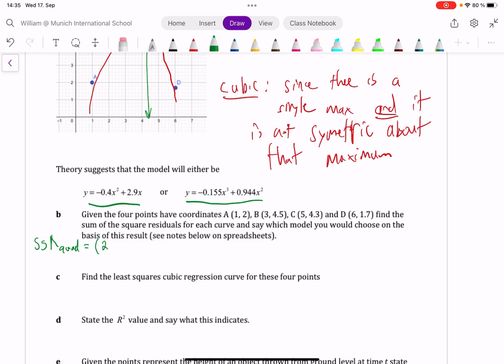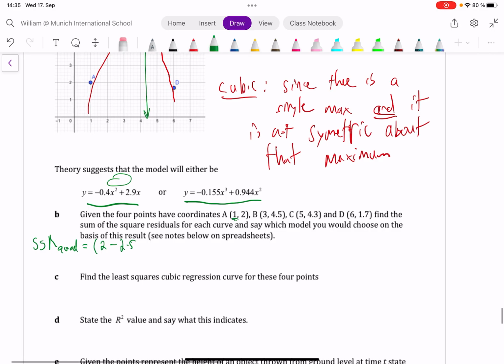And then if I put 1 into this equation, I get out 2.5. And so we'll just go through and write out what all these are, instead of actually calculating them. We would take the 4.5 that is there, put in 3 into this equation, and figure out what it is, and it's 5.1. That's why I wrote the 5.1.